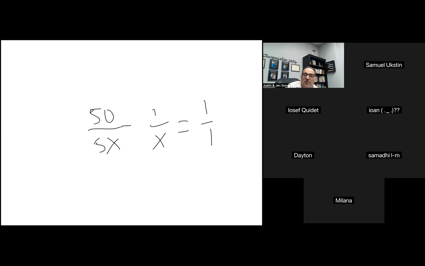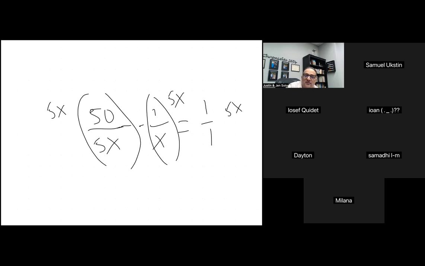So I'll multiply every spot by 5x. 5x and 5x cancel out, so I have 50 left over.